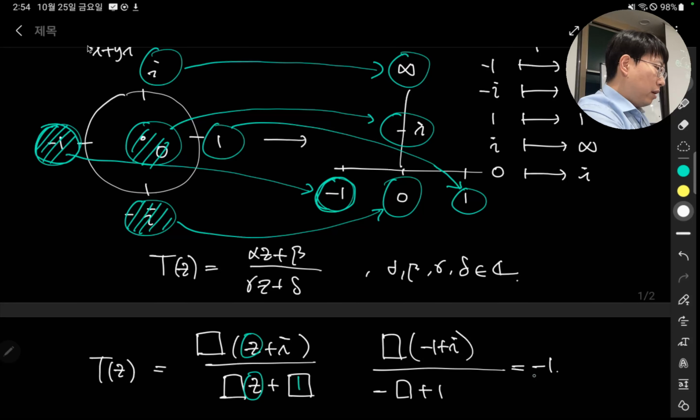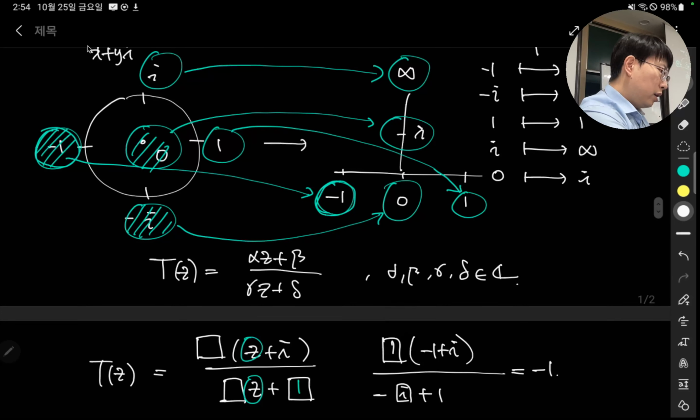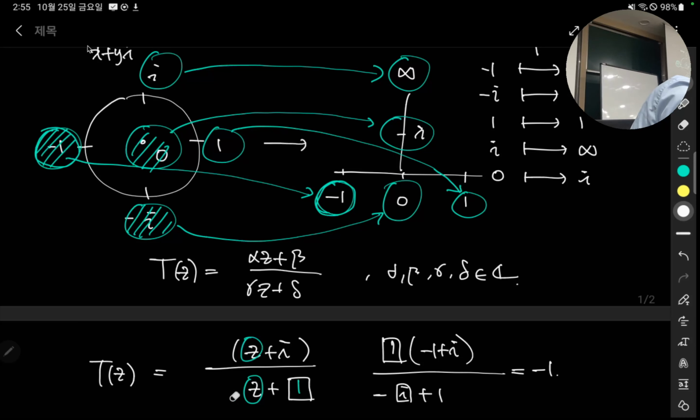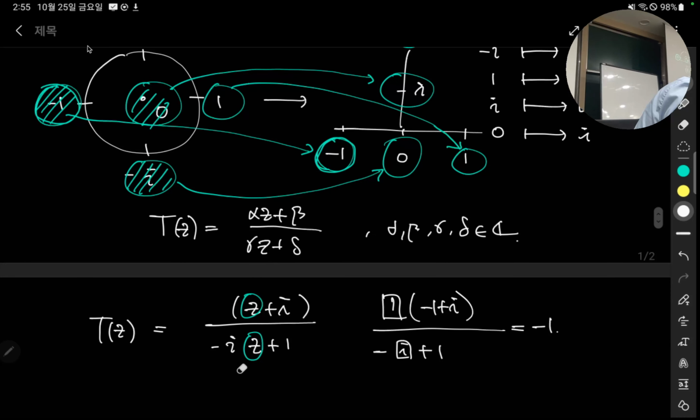So if I want to get -1, the possible way is having 1 here and i here. Then the numerator is i minus 1, and the denominator is minus i plus 1, which is exactly minus the numerator. So I can guess that I have 1 here, and here I have minus i and 1 here. No, so just i, since I plug in -1, so minus i comes from taking i times -1.